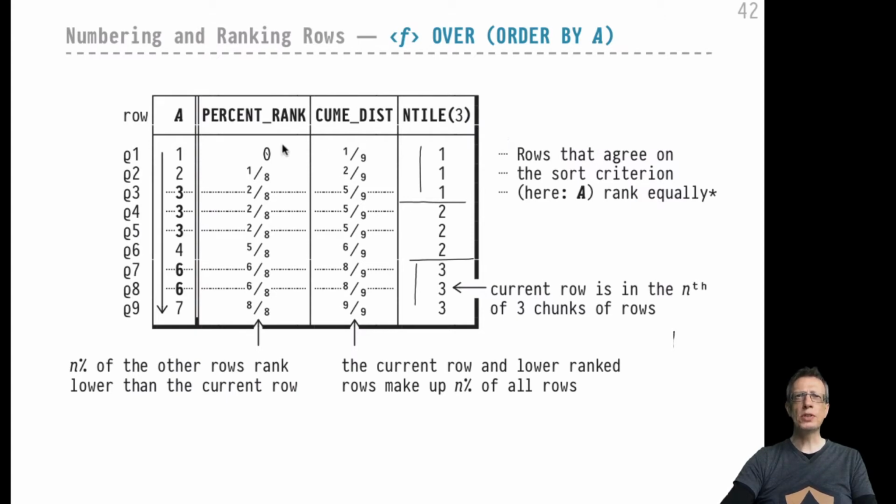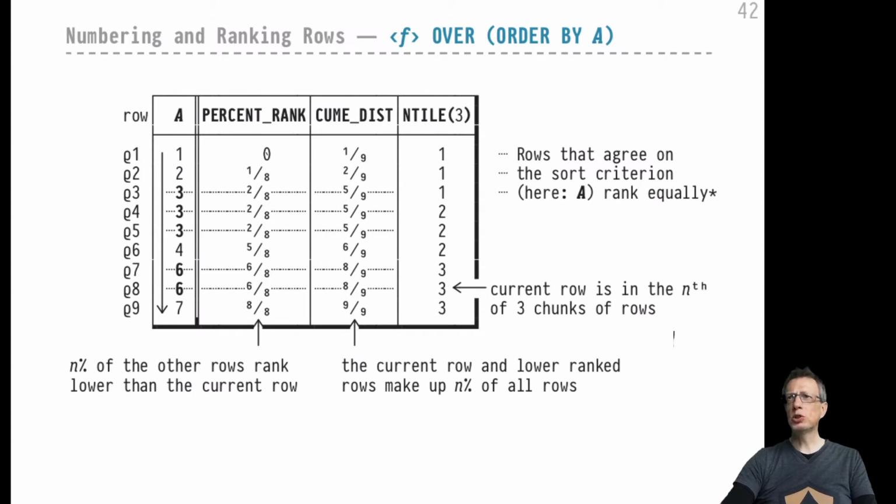You see that percent rank and cumulative distribution are more ranking functions than numbering functions in this sense. They really rank rows that are agreeing on the ordering criterion in equal fashion.